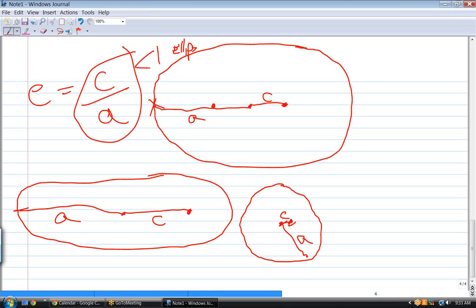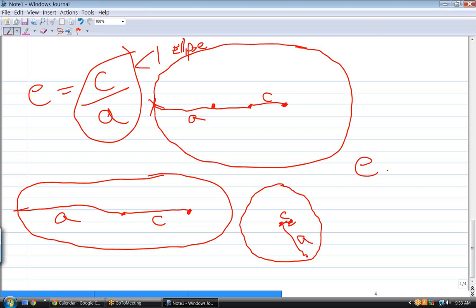I see. And the closer it is to 0, the closer that ellipse is to a circle. So the eccentricity of the Earth's orbit around the Sun is a very small number.